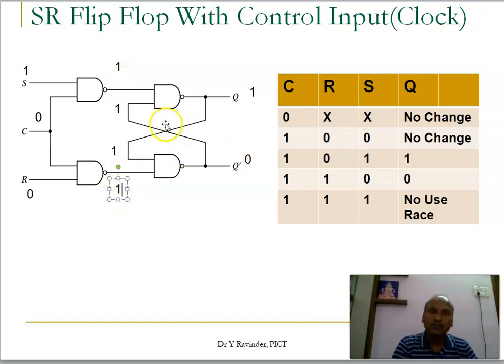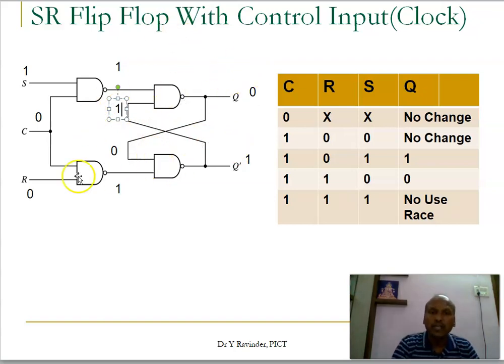Say this is 0, so I apply 0 here. This is 1, this will be 1. So 1, 1, this becomes 0, 0, 0, 0, 1, 1. Or by any other chance, this is 0 and this is 1. So if this is 0, this becomes 0. This is 0, 1, 1 and this is 1, 1, 1, 0.